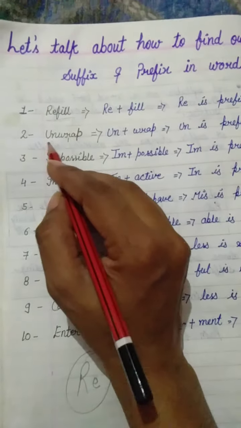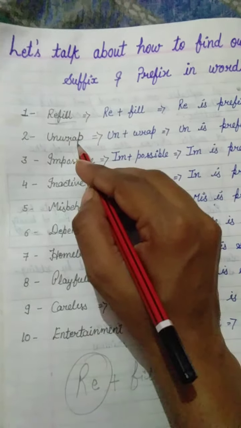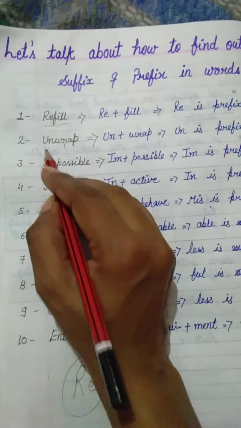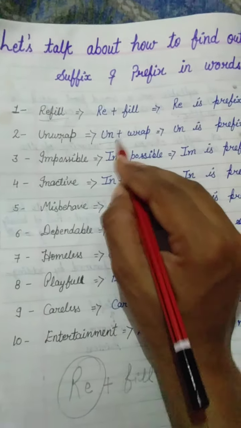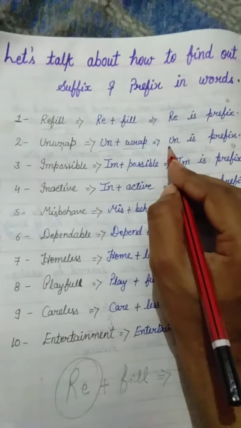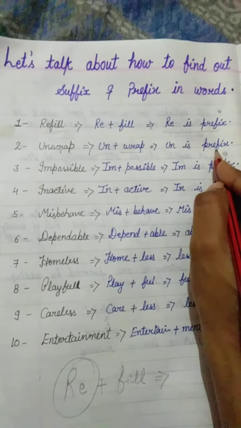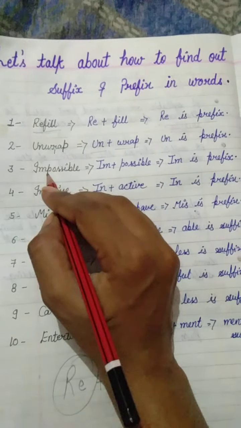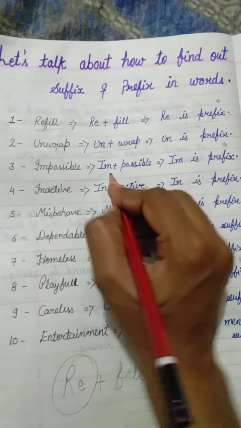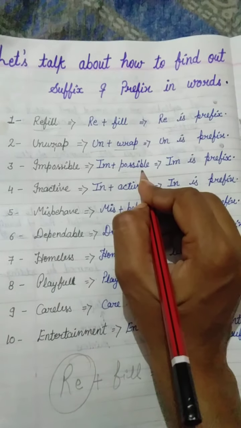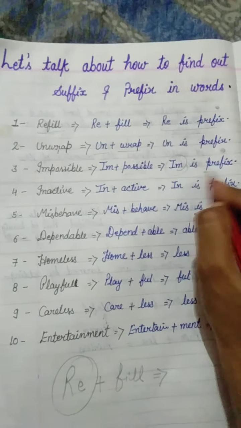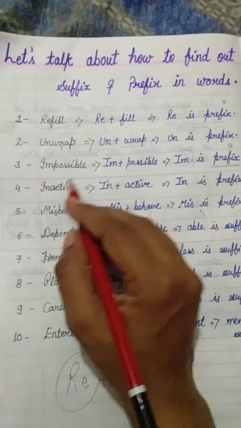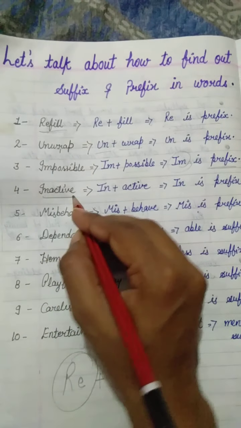Now next example is unwrap. Students, divide this word into two parts, un plus wrap. So un is the prefix. Next one is impossible. Im plus possible. So im is the prefix. Next example, inactive.